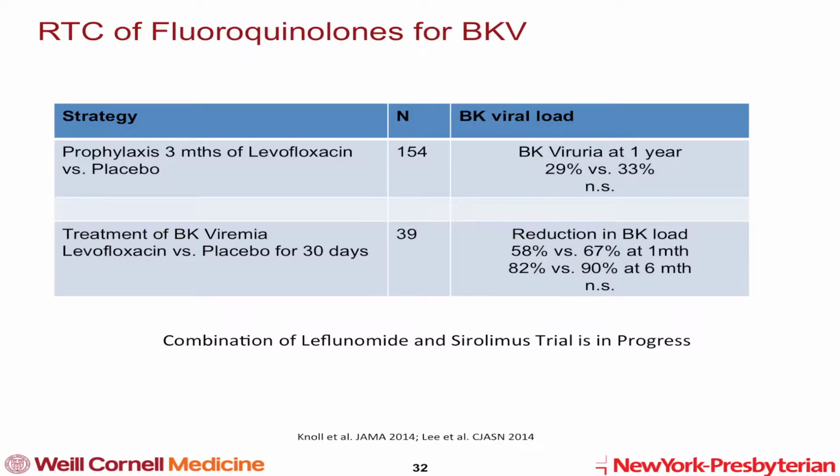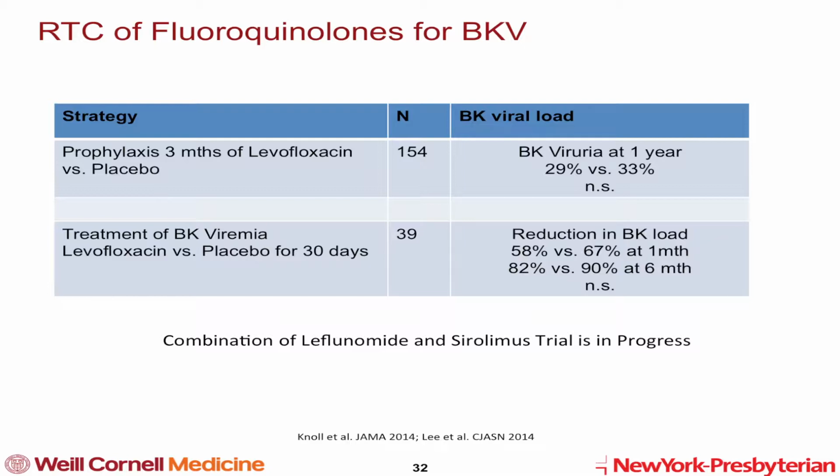The other agent that's been used to manage BKV, and actually is the only agent that's been studied in randomized controlled trials, is the fluoroquinolones. So they studied the use of prophylactic therapy, 3 months of levofloxacin versus placebo in 154 patients. They looked at BK viruria at 1 year. It was 29% versus 33%, not different.